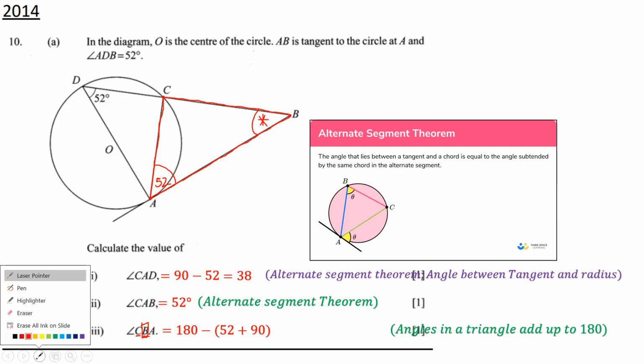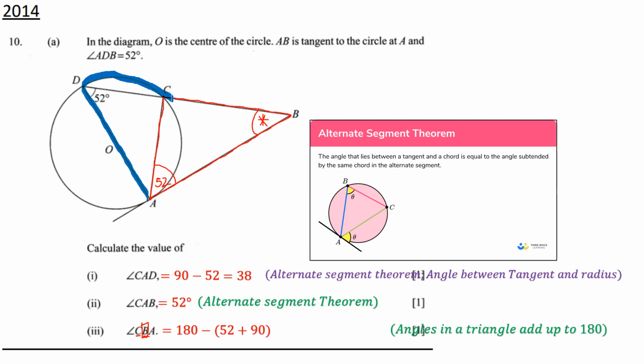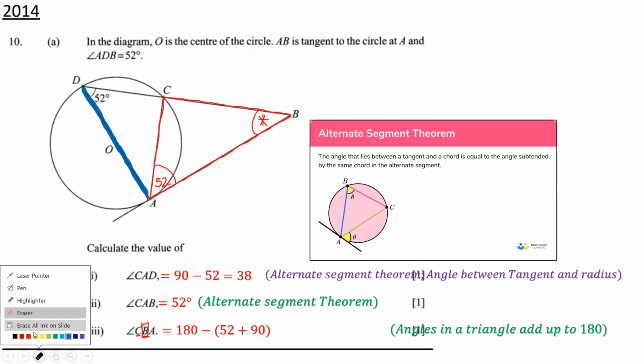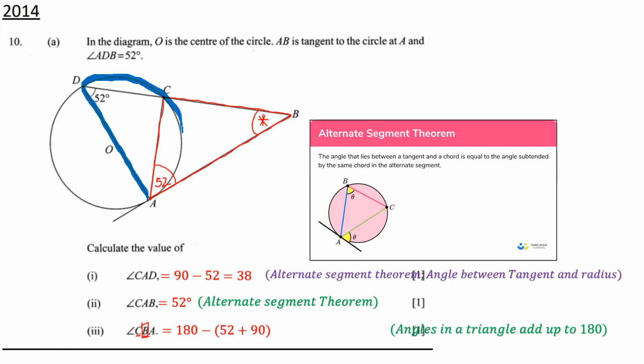If we look carefully, let me use the highlighter. This line right there is the diameter of the circle, and if we go all the way around, this right here is a semicircle.